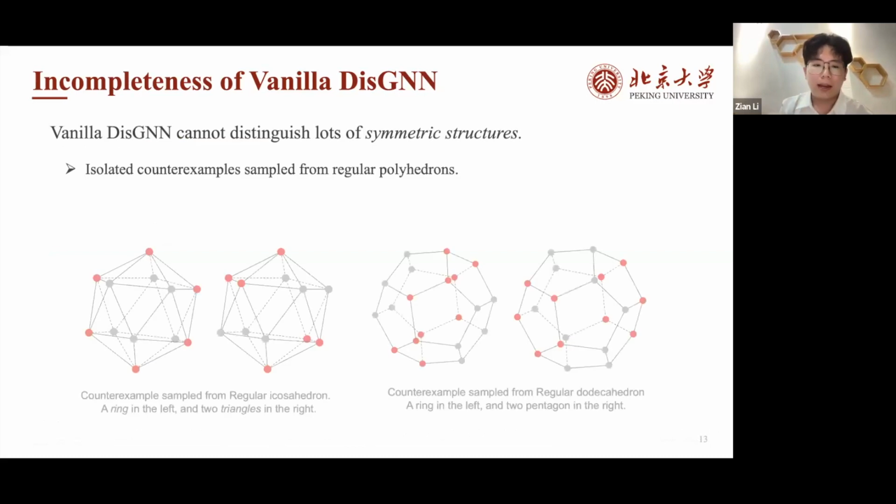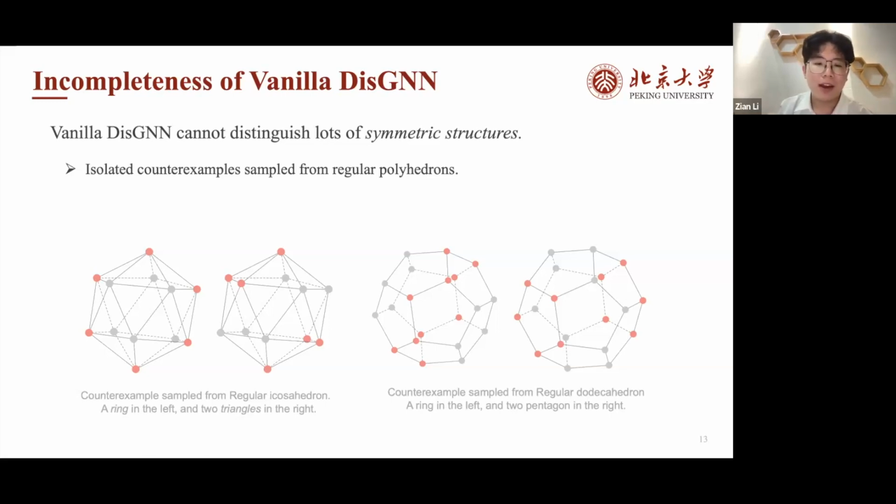We do this by constructing 3 kinds of counterexamples. The first kind is some isolated counterexamples sampled from regular polyhedrons. In the left figure, there are 2 geometric graphs sampled from a regular icosahedron, with a ring on the left and 2 triangles on the right.